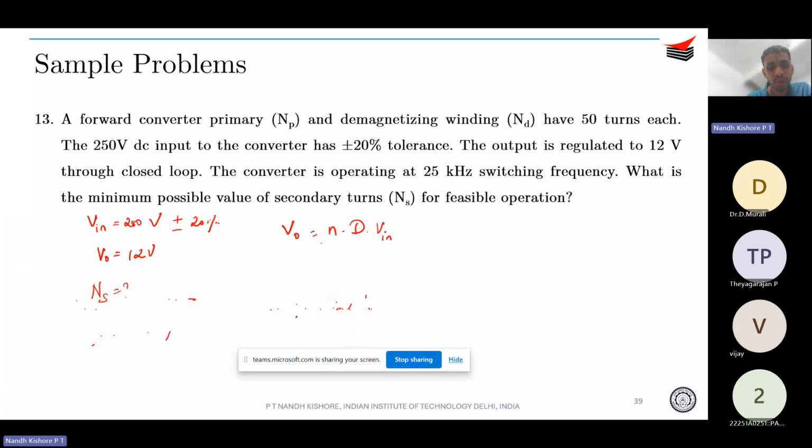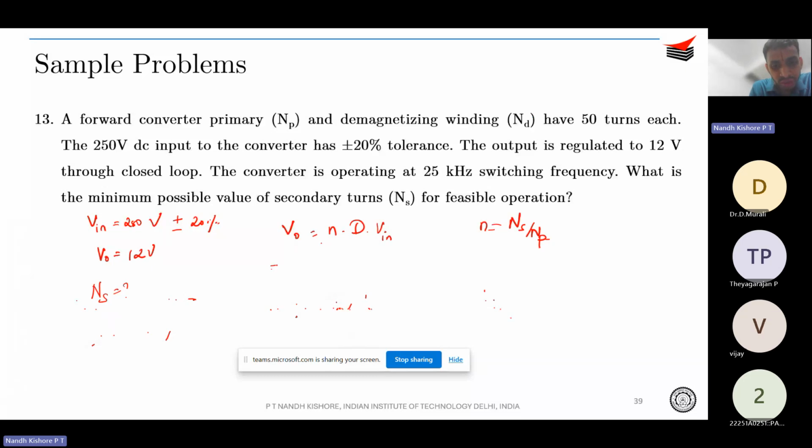Correct. Question is what is N, where N is equal to NS by NP. So the question is what is the minimum number of N required for feasible operation?